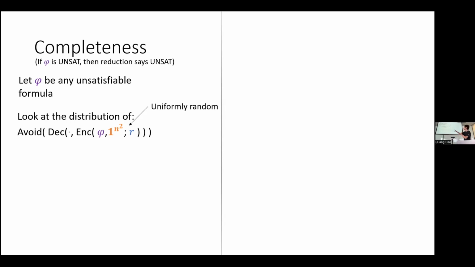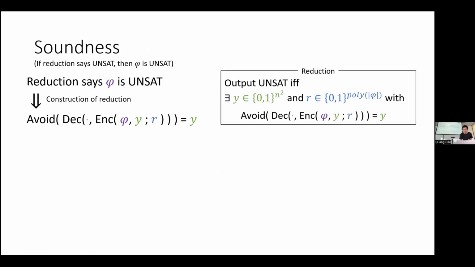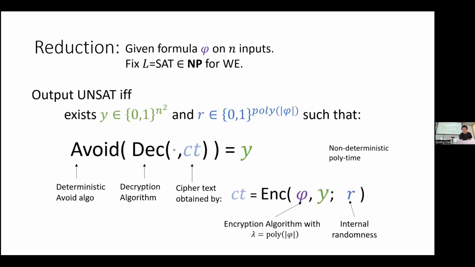The input length of the circuit is n, and the output length is n squared, because the circuit we constructed is fixed to be n squared length.